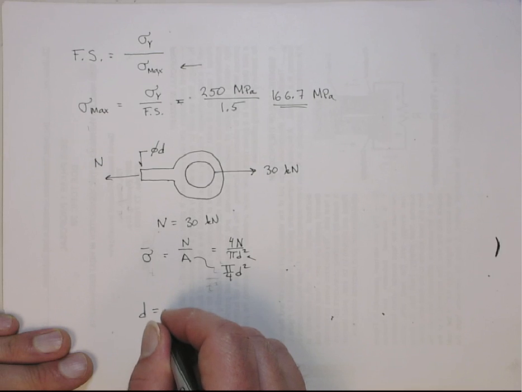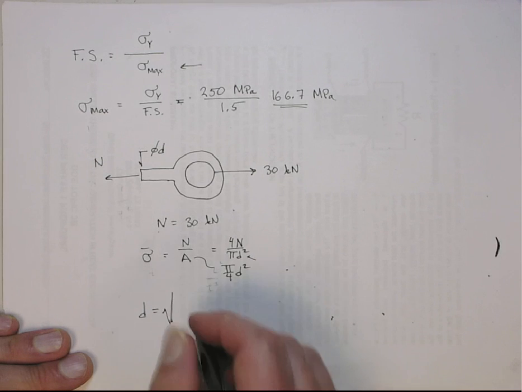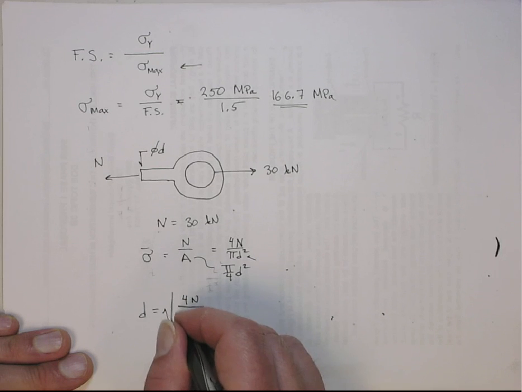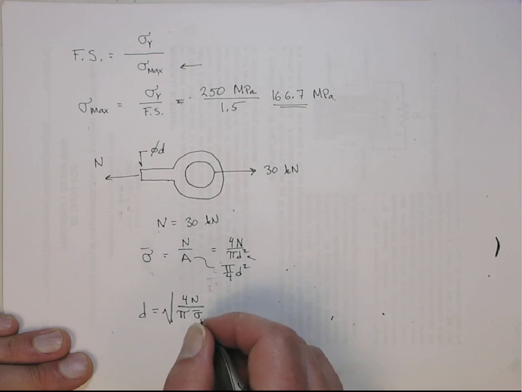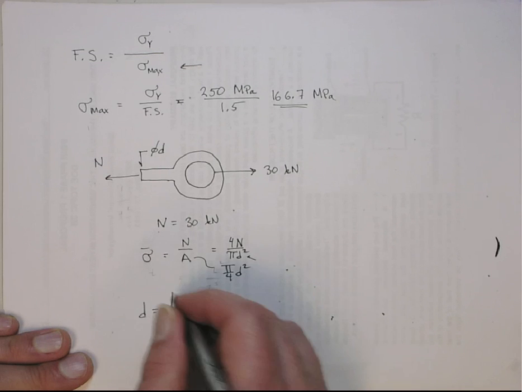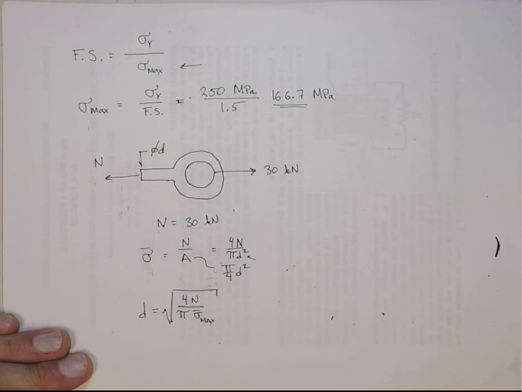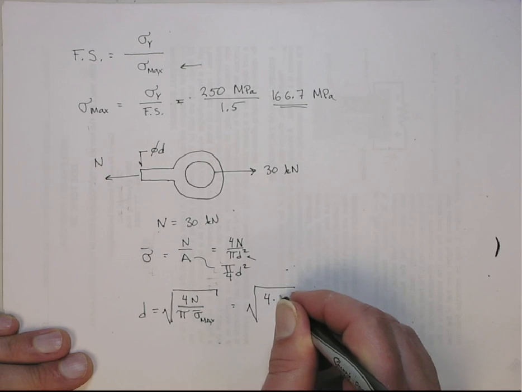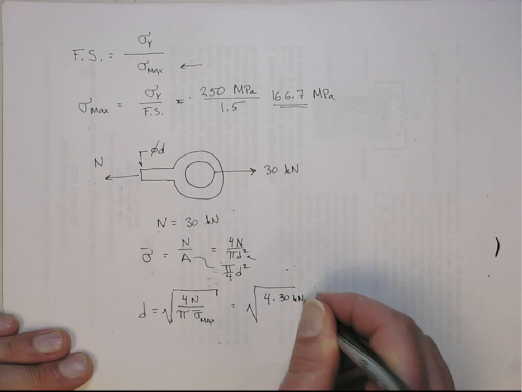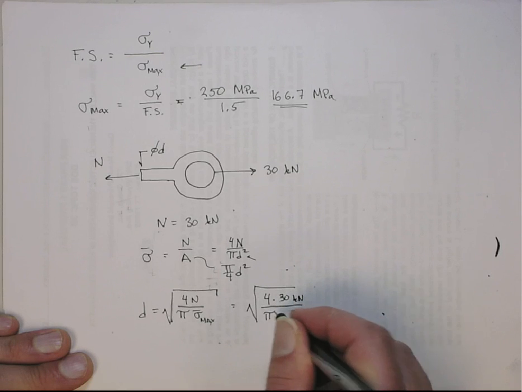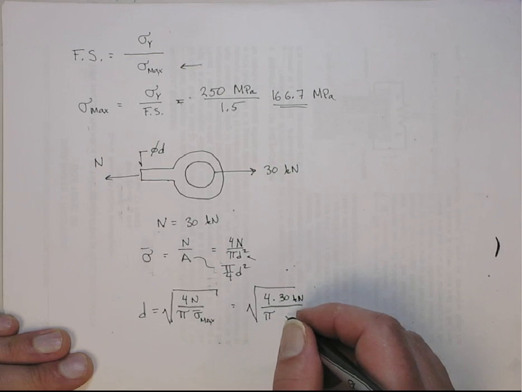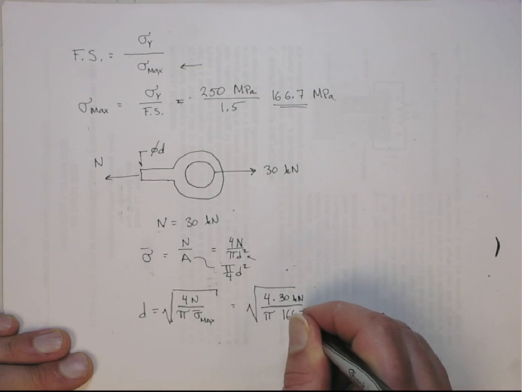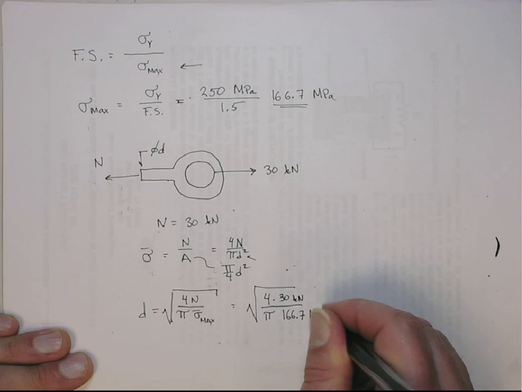That's the square root of 4N over pi. This is the max allowable, right? So that is 4 times 30 kilonewtons over pi times 166.7 megapascals.